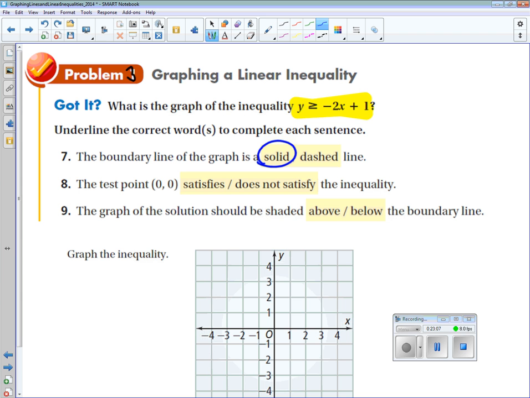So, Will, where do I start to graph in this problem? y is greater than or equal to negative 2x plus 1. On the which axis? Good. So 1 on the y-axis. Okay. Joseph, what do I do from here? What's the slope?